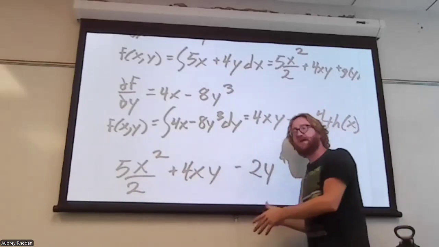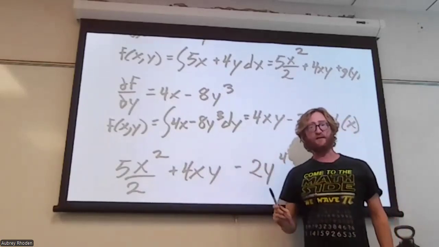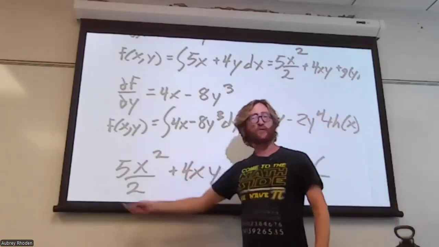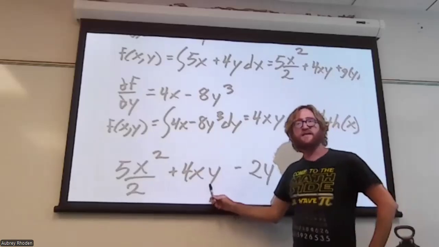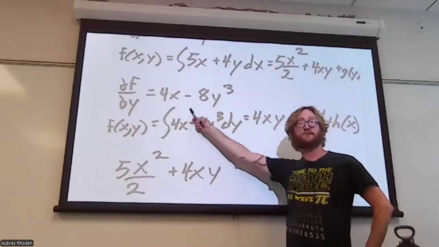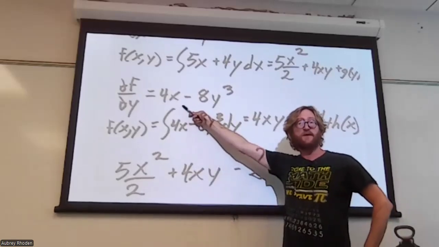Okay. Now, if I took this thing and took its derivative with respect to y, what would I end up getting? All right, so this term would go to 0. If I took the derivative of this with respect to y, I would get that. Okay.